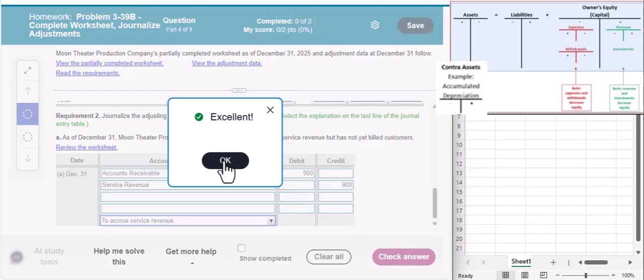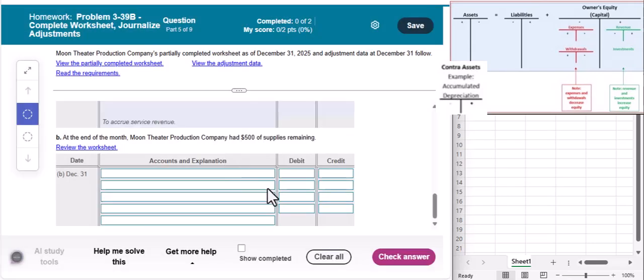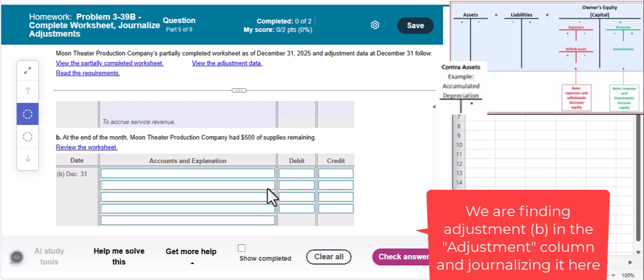Excellent. Okay. So for B, at the end of the month, Moon Theater Production had $500 of supplies remaining. So again, you can scroll back up or work off of just the transaction given. You can review the worksheet. It'll let you pop back into it that way or scroll back up.